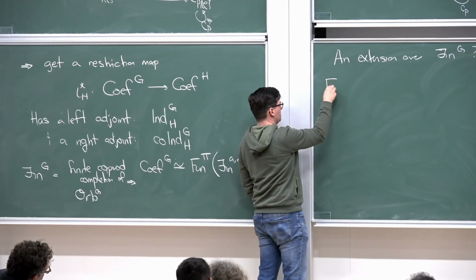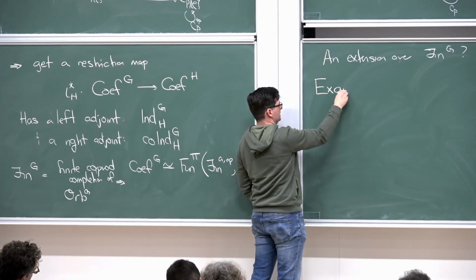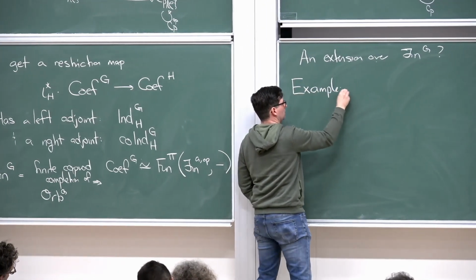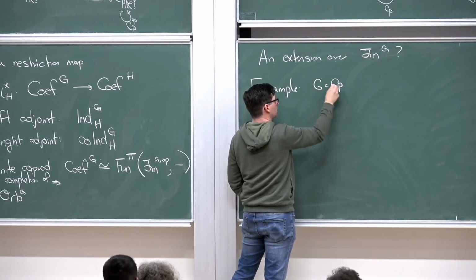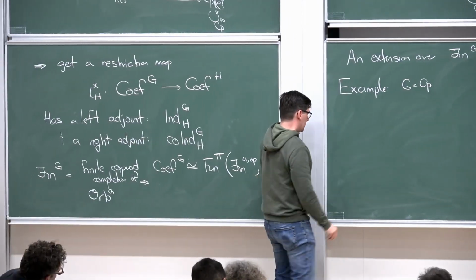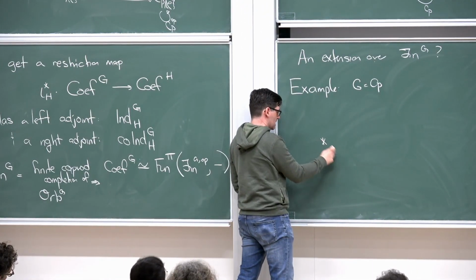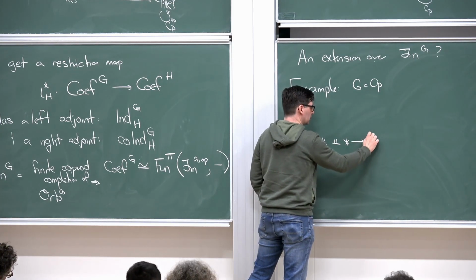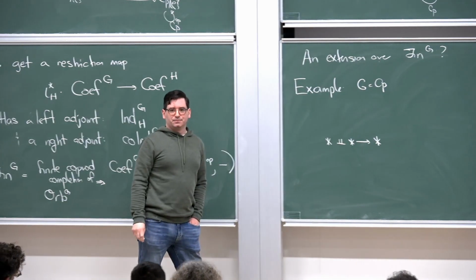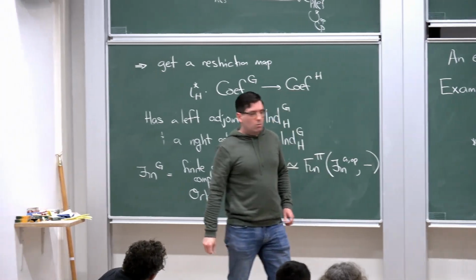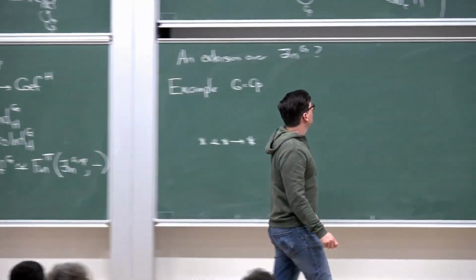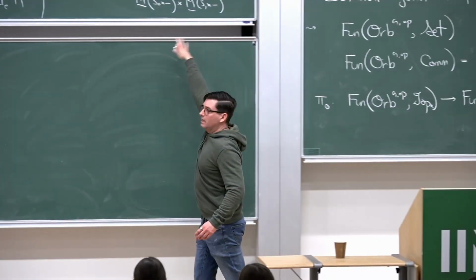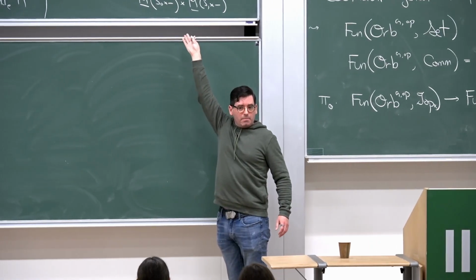So here's going to be my prototypical example. It's again going to be CP. Well, I have a couple of kinds of maps that I'd want to consider. I have the map point disjoint union point goes to point.